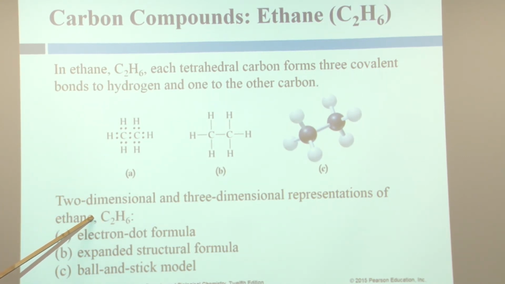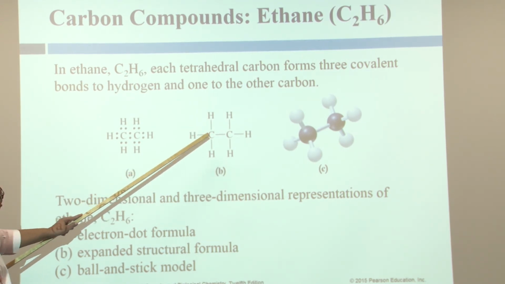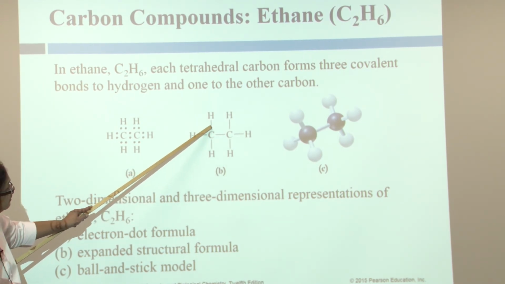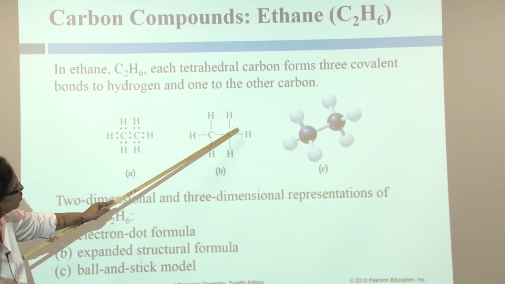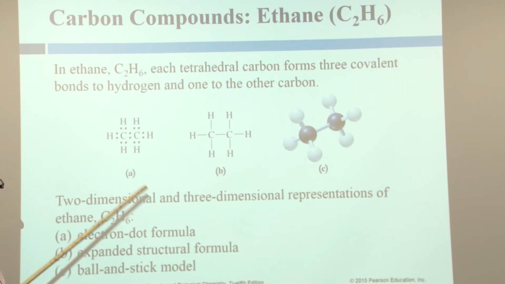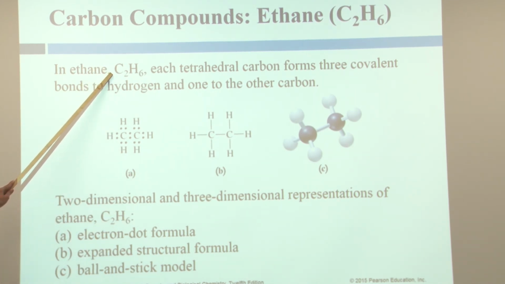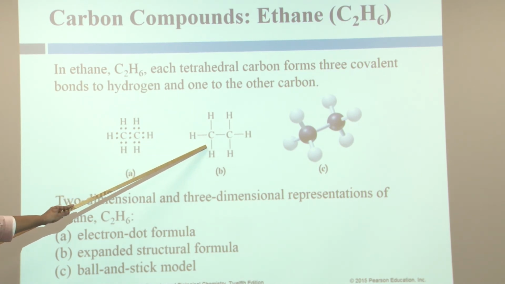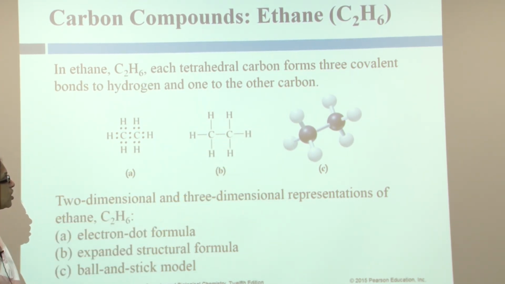C2H6 is the molecular formula. This is the expanded structure. Here I see carbon 1, 2, 3, 4 bonds. The other carbon 1, 2, 3, 4 bonds. This is the expanded structural formula. This is the ball and stick model, the 3D structure of ethane.